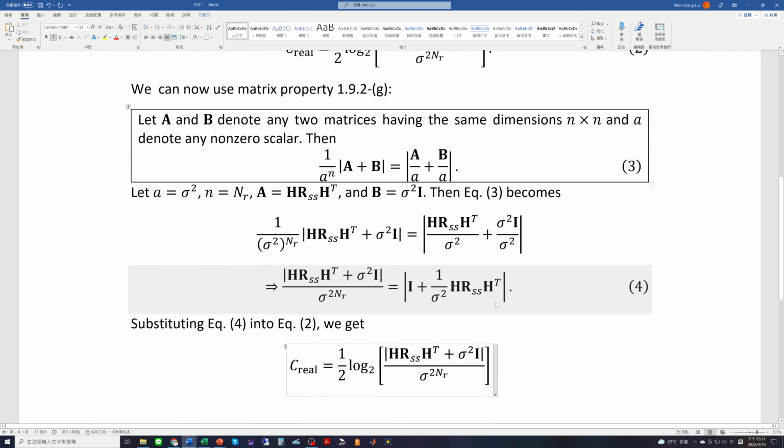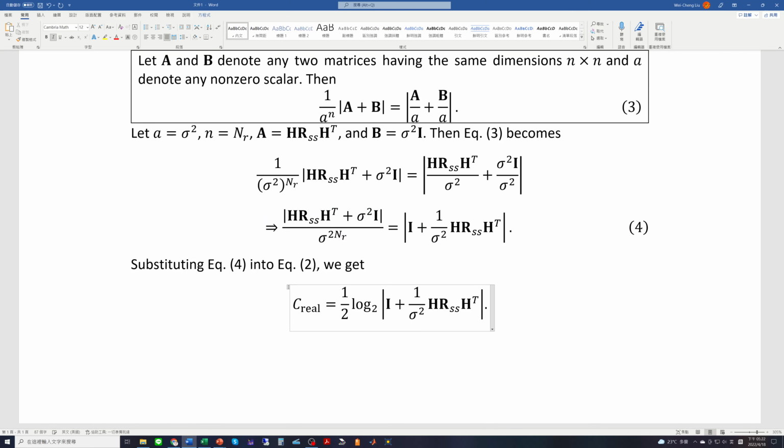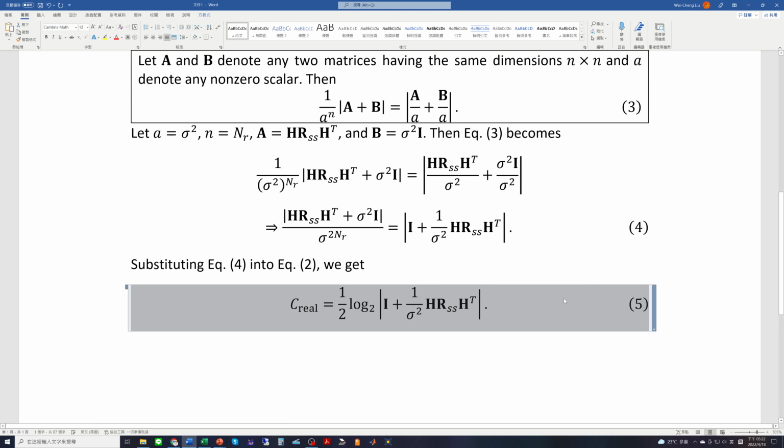In equation 2, we can see that this term can be replaced by this term. So we directly copy this term and paste here to replace this term. We call this equation equation 5.